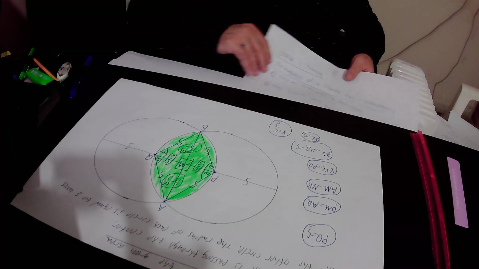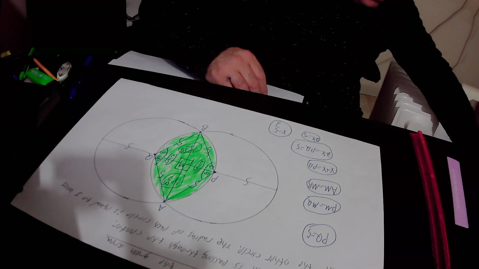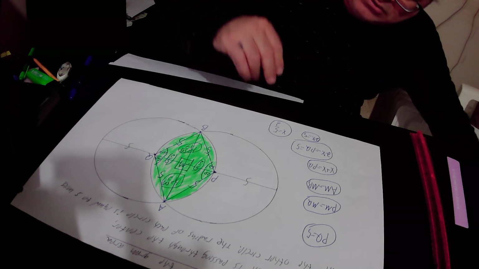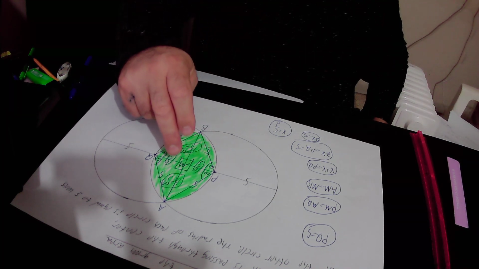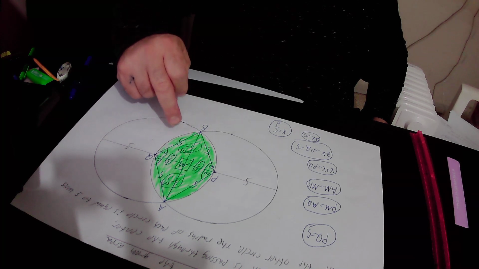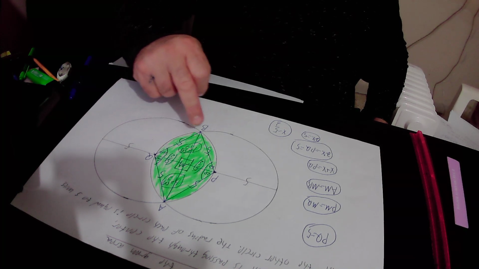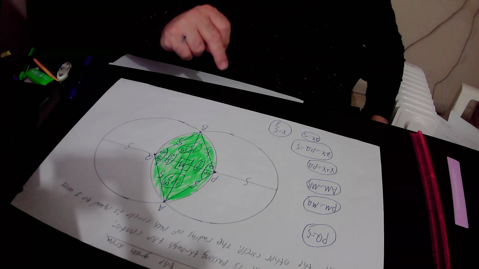Then we focused on the right triangle APM, the right triangle AMQ, the right triangle PQM, and the right triangle PMB.